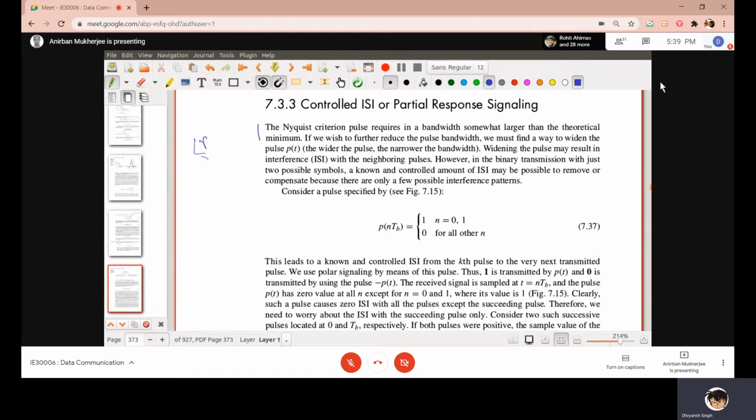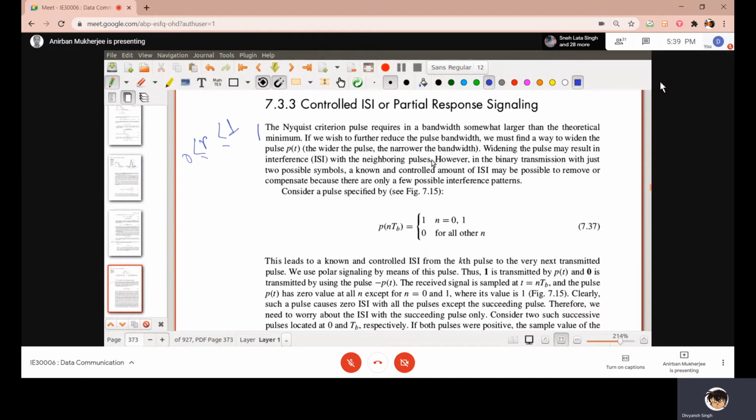R will be between 0 and 1. When R equals 0, you have the theoretical minimum, you don't have any excess bandwidth, but when R is 0.5, you have 50% excess bandwidth. But I have to reduce the pulse bandwidth, because unnecessarily increasing the bandwidth of the pulse is a problem.